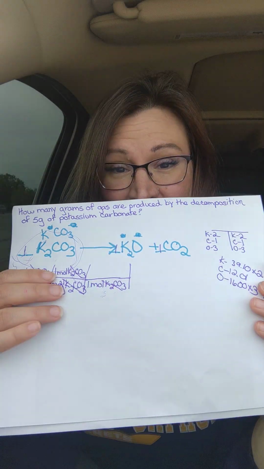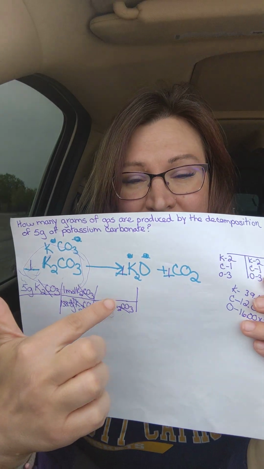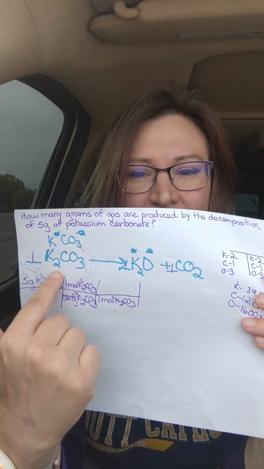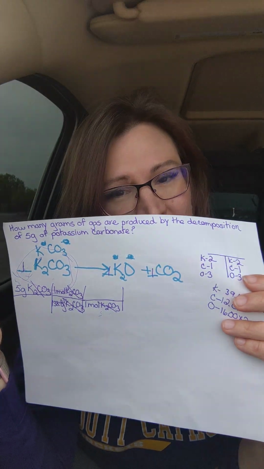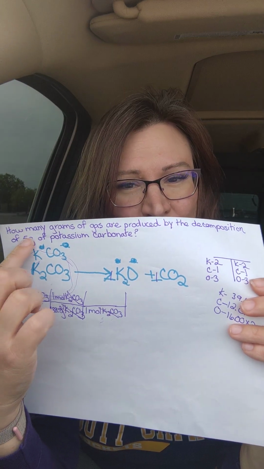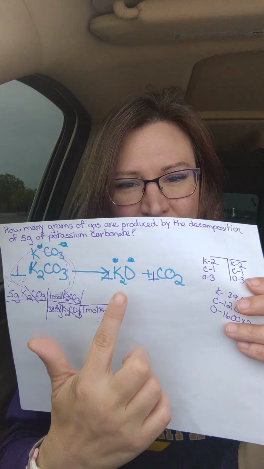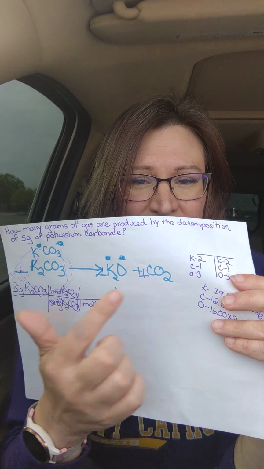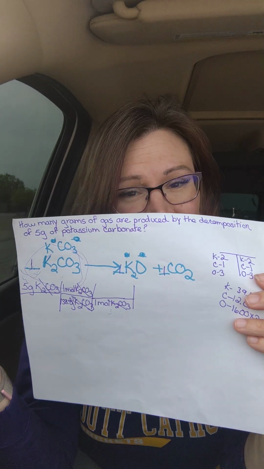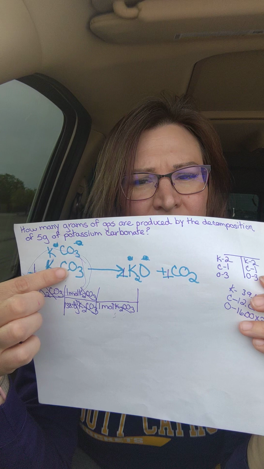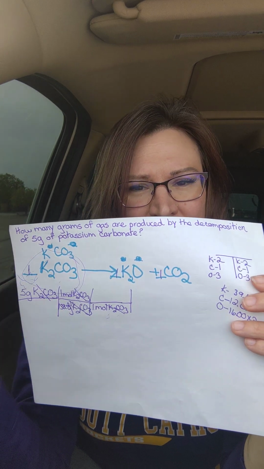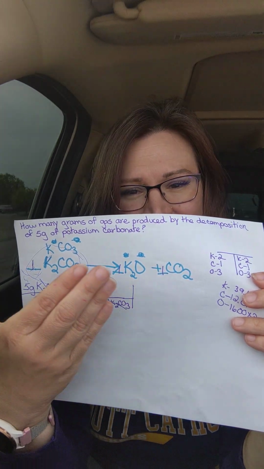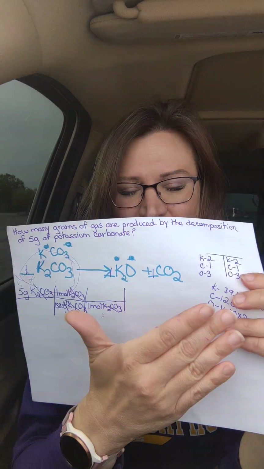And then what goes on top, you ask? That is the compound or element in the equation that we are trying to produce, which in this case is grams of the gas. We know that carbon dioxide is going to be the gas. Some of these ions will decompose into oxygen rather than carbon, but that's a whole other story.